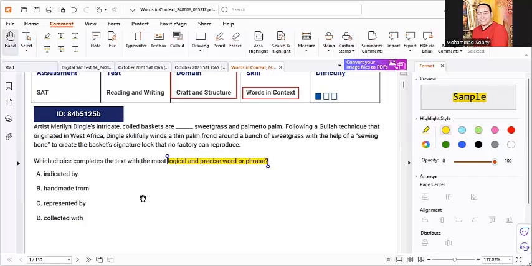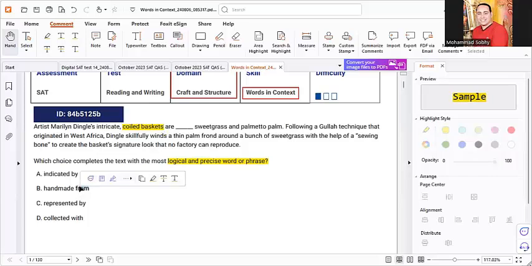Lamar, which one do you think? Here he's talking about coiled baskets. You need to know coiled baskets. We use them to keep some high quality parts, to keep bread, other parts, to keep clothes and so on. I think it's B. Yeah, great.